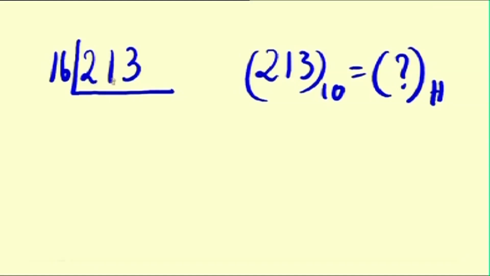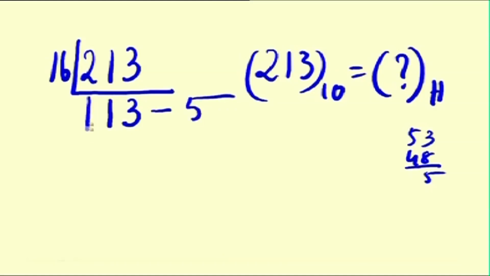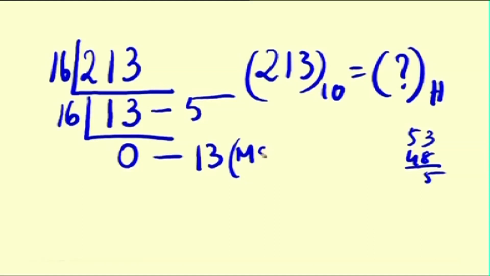Now, to convert this, in 21, 16 goes 1 time; in 53, it will go 3 times. So, you see 53 minus 48 is 5. So, we get 5 as remainder, and then we divide further by 16, we get 0 and the remainder as 13. As we did earlier, this should be the most significant bit here and this should be the least significant bit.